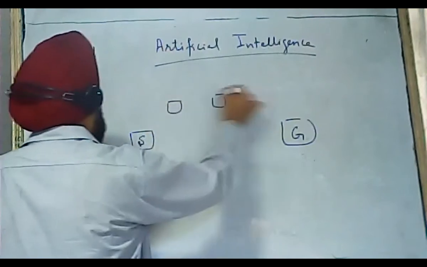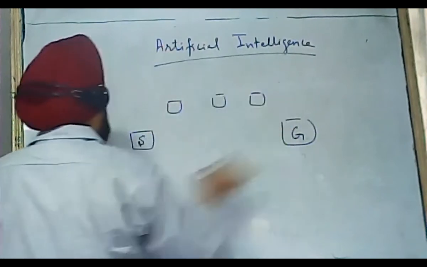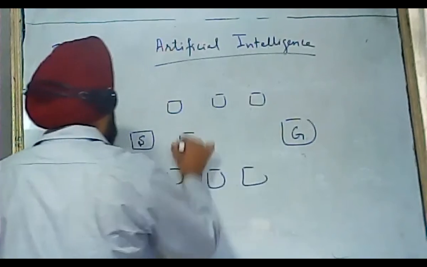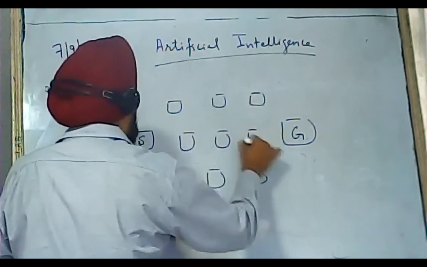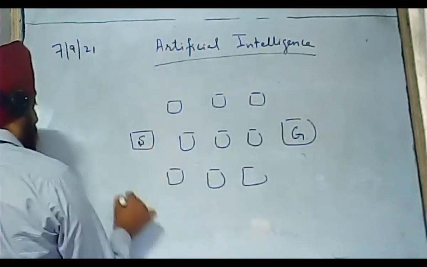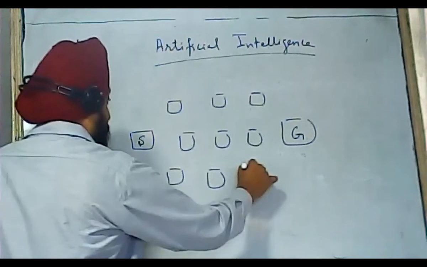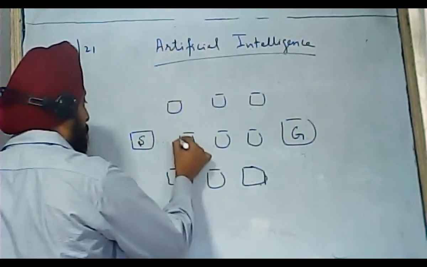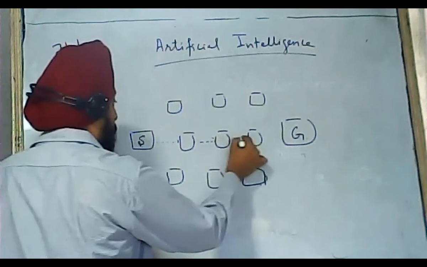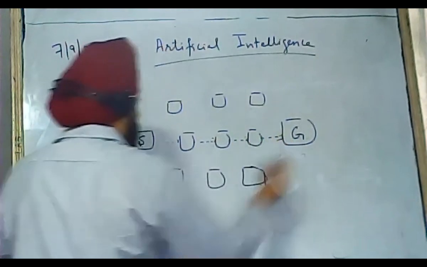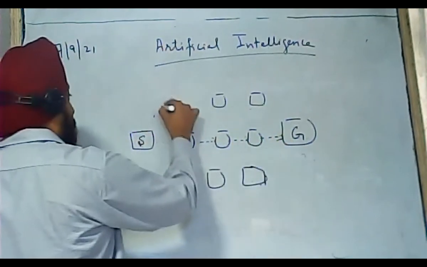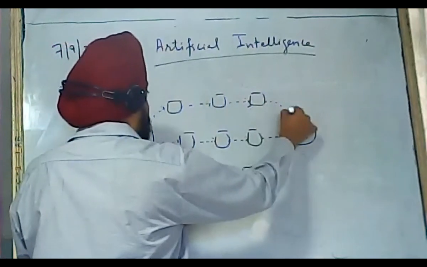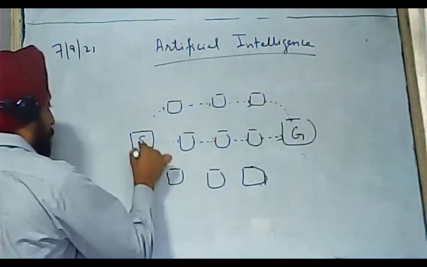You can move through this path or through this path. Hops are available, and you can take any hop at a time. From the start, you can follow this path, or you can follow this path, or you can follow this path.